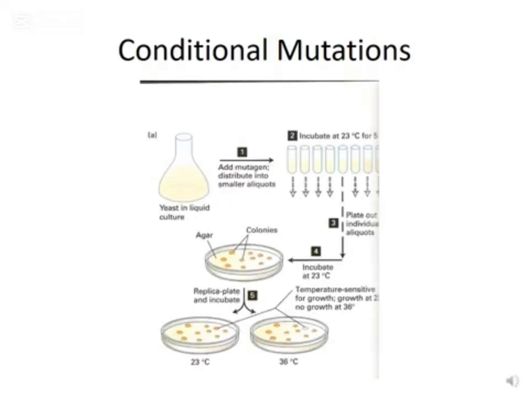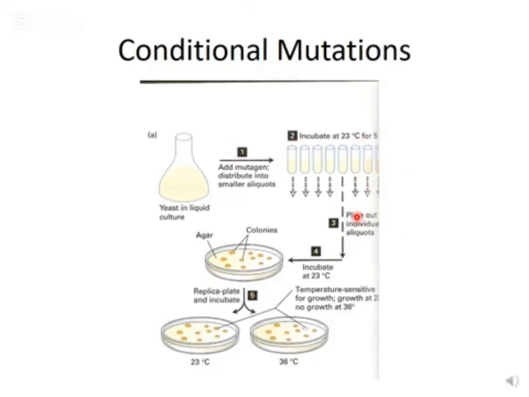So as an example of conditional mutation, if we have yeast in liquid cell culture, we add a mutagenic material that's going to cause mutations in the yeast cells, and then we divide these cells into smaller amounts called aliquots.